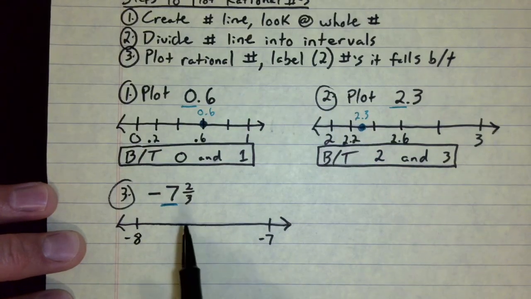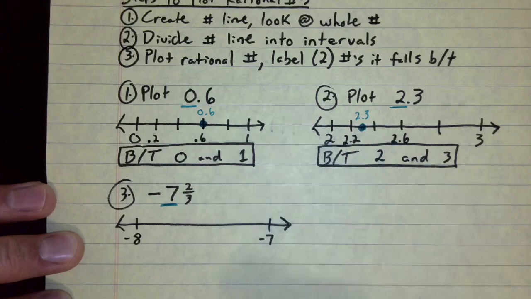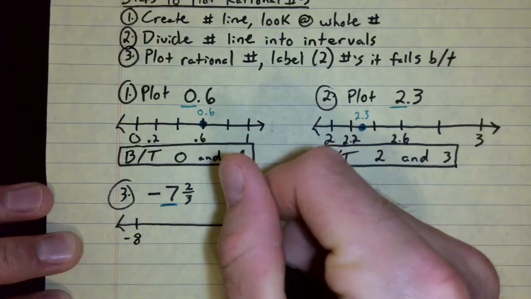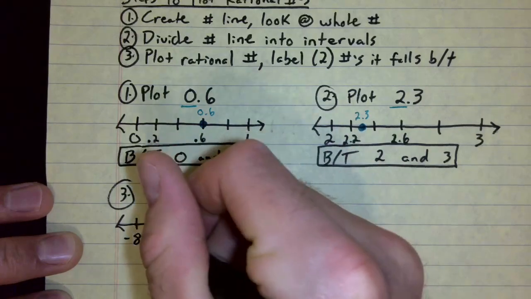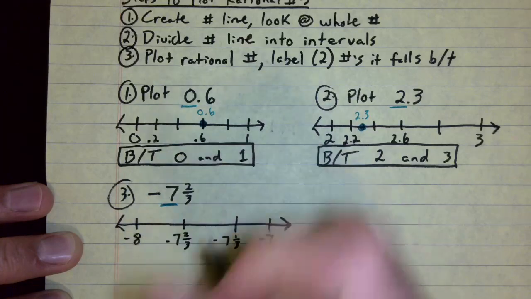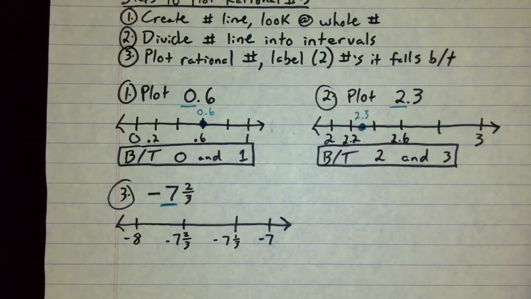All right, so divide this into intervals. For 2/3, that denominator tells us we can just break it up into thirds. So here's -7 and 1/3, -7 and 2/3, and -7 and 3/3, which is equivalent to -8. So step 2 is done. Step 3, plot your rational number.